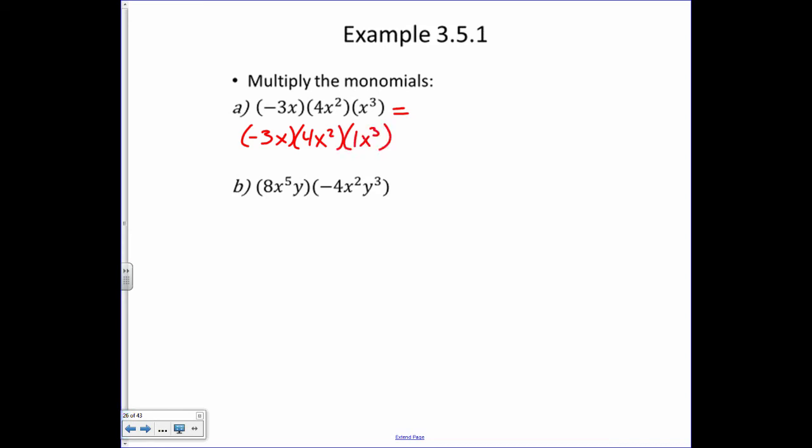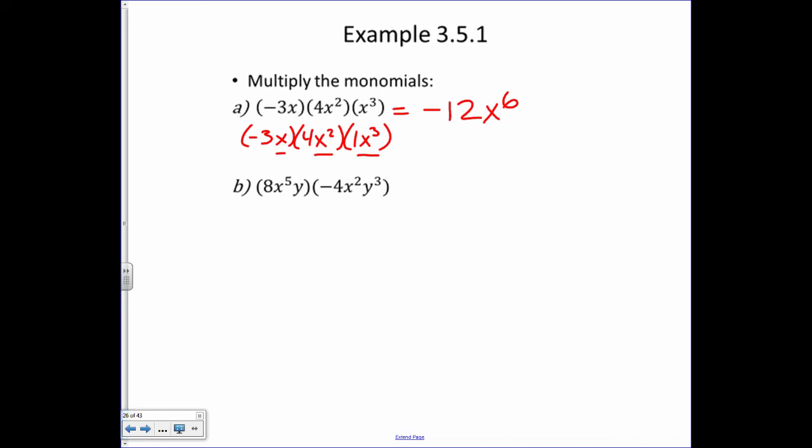Negative 3 times 4 is negative 12, times 1 is negative 12. And then x times x squared times x cubed. If we multiply those three together and add all of their exponents, 1 plus 2 plus 3, we're going to get x to the 6th.